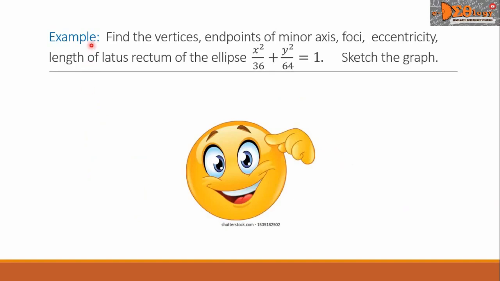Now let us see this example. Find the vertices and points of minor axis, foci, eccentricity, length of latus rectum of the ellipse x squared over 36 plus y squared over 64 equals 1. Sketch the graph.